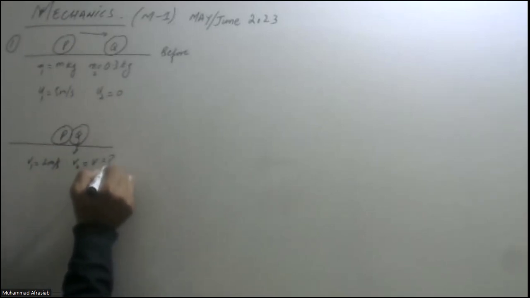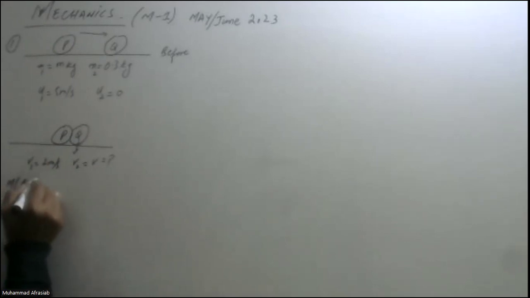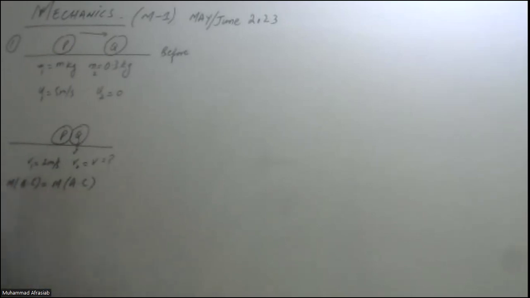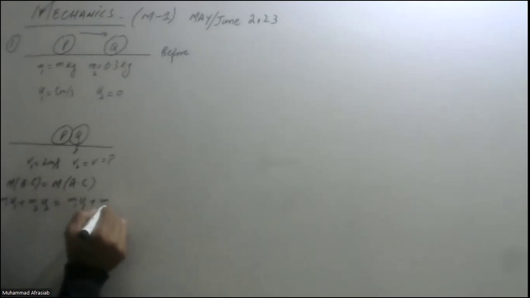We know one thing from this topic of momentum, that the momentum before collision is equal to momentum after collision. So m1 u1 plus m2 u2 is equal to m1 v1 plus m2 v2.